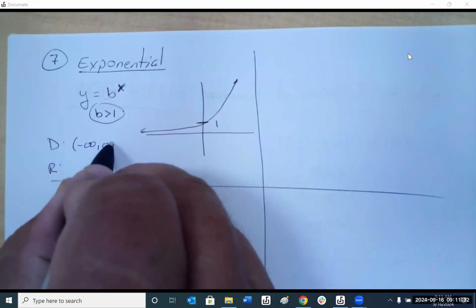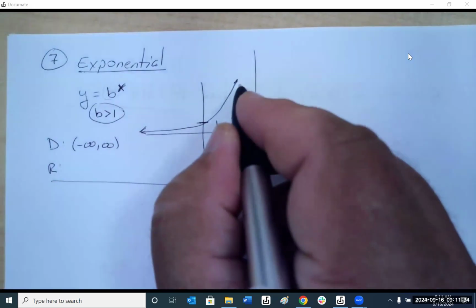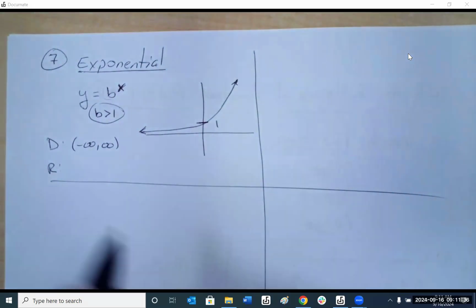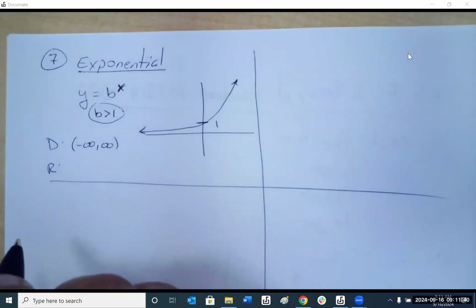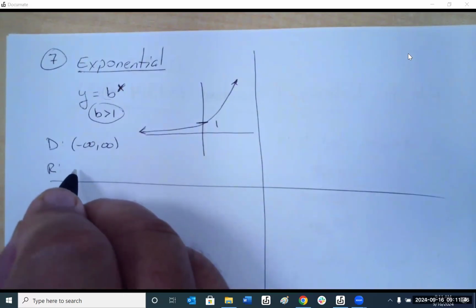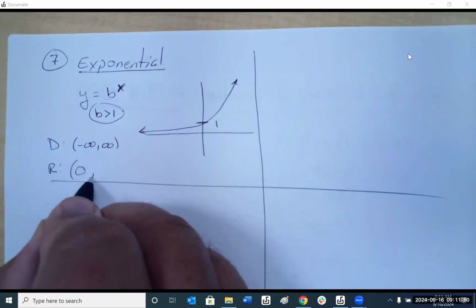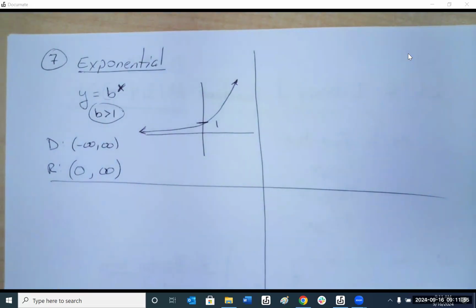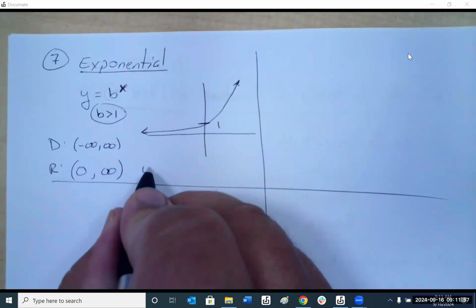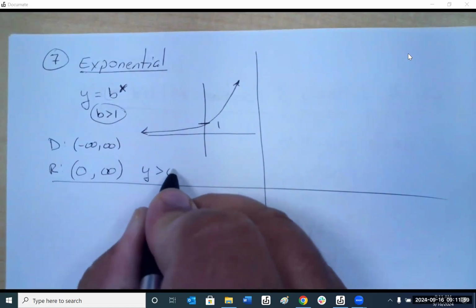Very good. Because my x's could go on that way and they go on that way. The range, it's got to be above the x-axis. So it's always greater than 0. It never equals 0. Or y is strictly greater than 0.